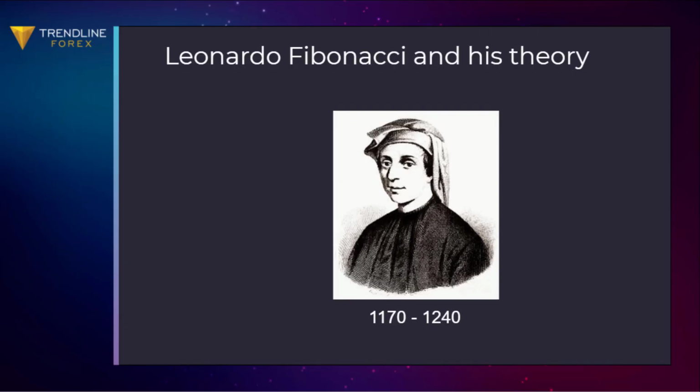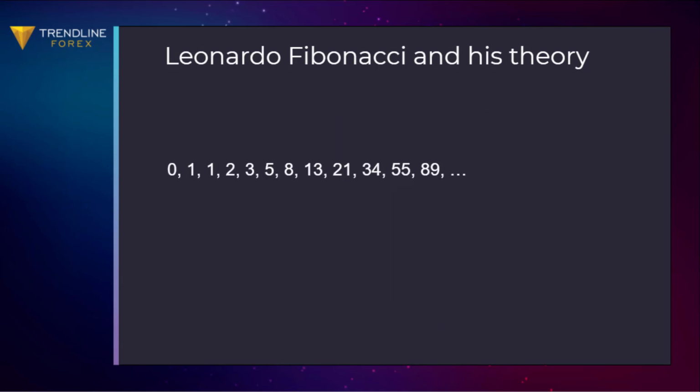Who is Leonardo Fibonacci and what's his theory about? Leonardo Fibonacci was an Italian mathematician who created a unique series of numbers that later became known as the Fibonacci numbers. This series of numbers can be infinite, and each subsequent number is formed by the sum of the previous two. It starts with 0 and 1, and respectively the third number is 1.